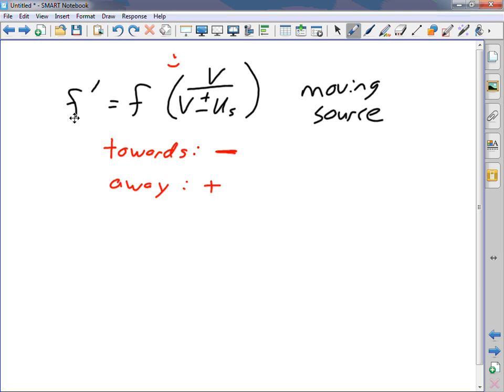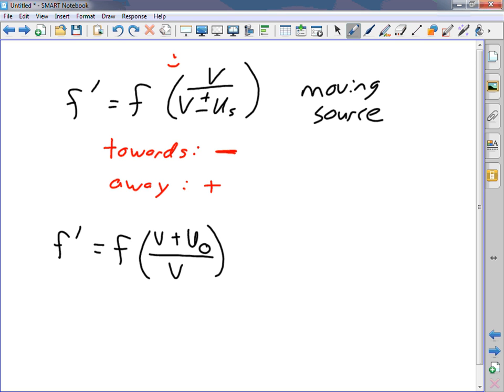All right, and the other equation here is for a moving listener, F prime equals F. Wait, moving source or moving listener? Now I'm doing the moving listener. U sub S is the velocity of the source. Now U sub O is the velocity of the observer.